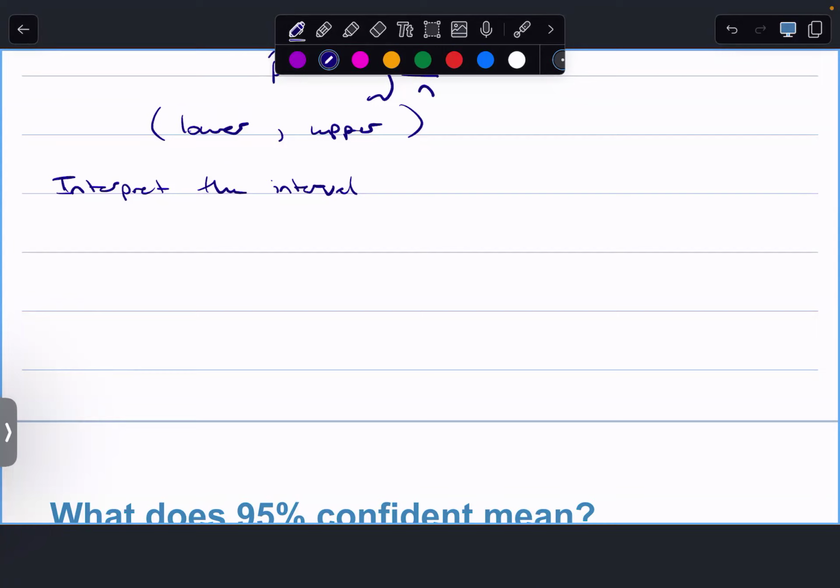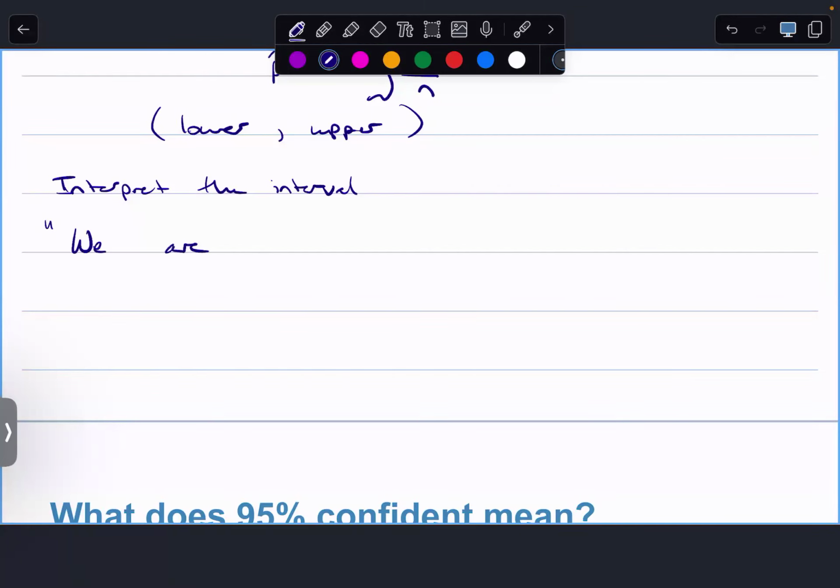We get to do it over and over again for a bunch of different types of questions. And so half of your marks for the confidence intervals will be your interpretation. So you don't want to forget that, and you have to commit it to memory. The canned interpretation that I want you to use is this.